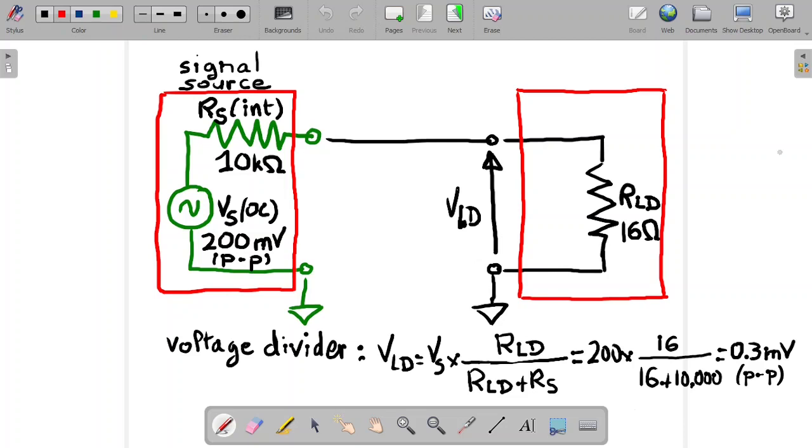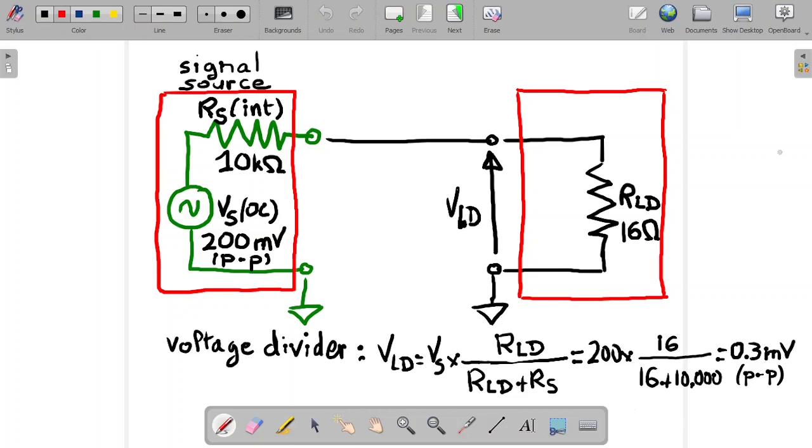So this amount of voltage is unusable. So what you want to do is replace that red box on the right with a common collector amplifier.